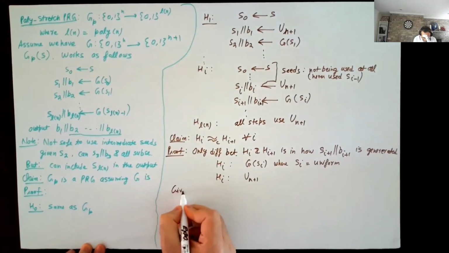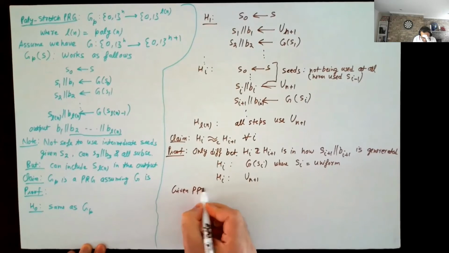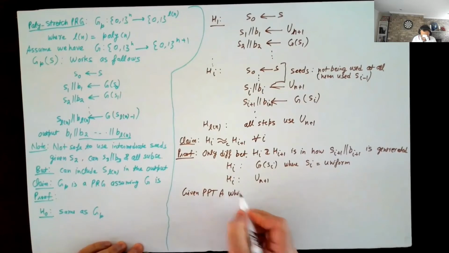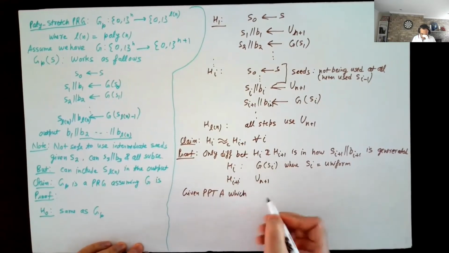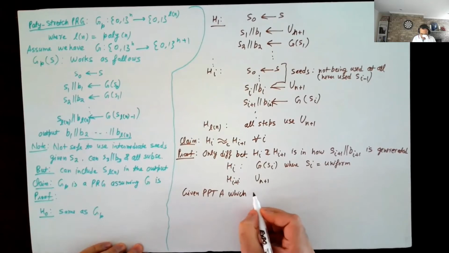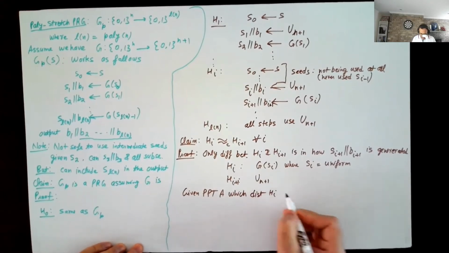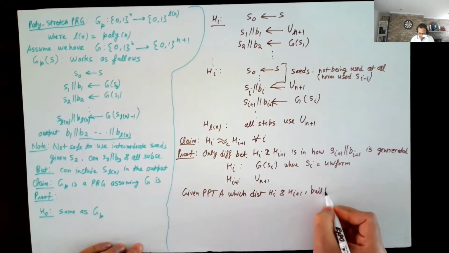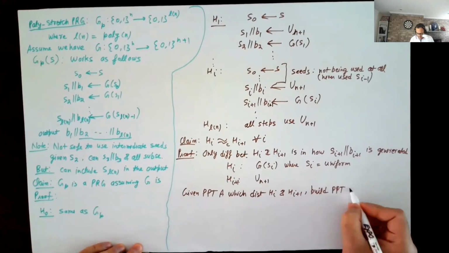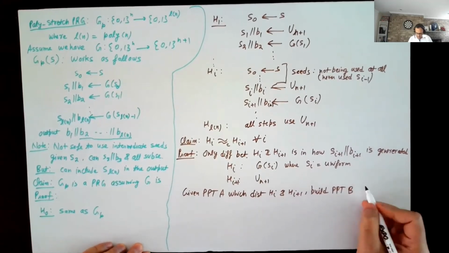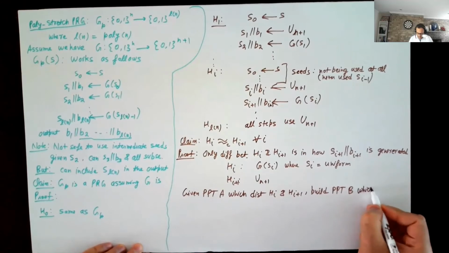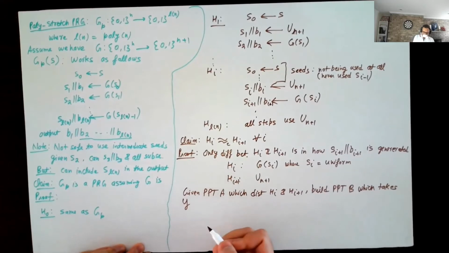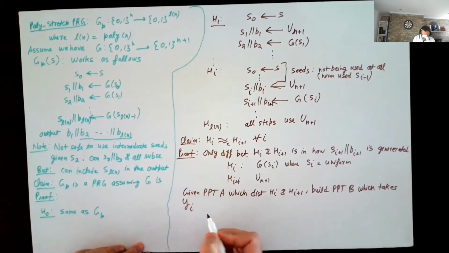So given PPT A, which distinguishes HI and HI plus 1, we can build another PPT adversary B, which takes as input, let's say, Y, let's call it YI plus 1.